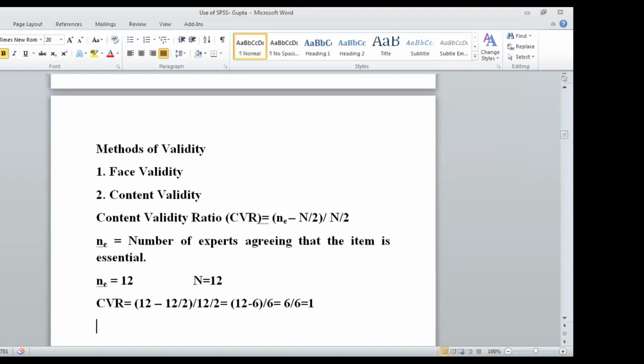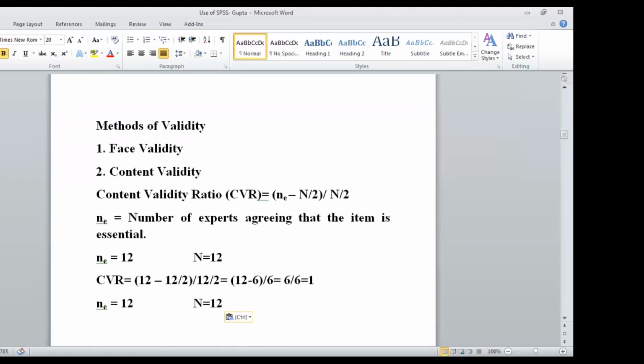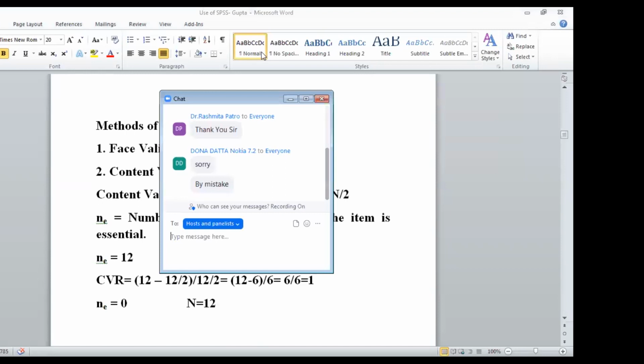Suppose there is an item where no one says it is essential. So NE is equal to 0.